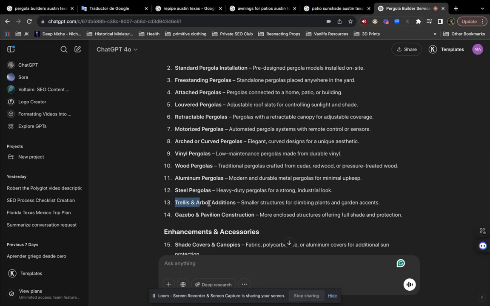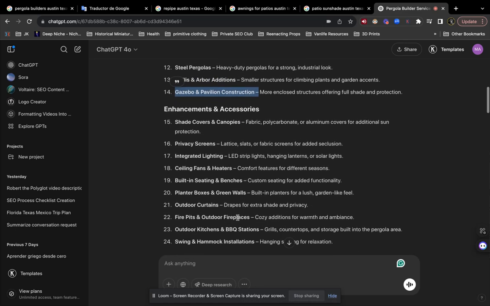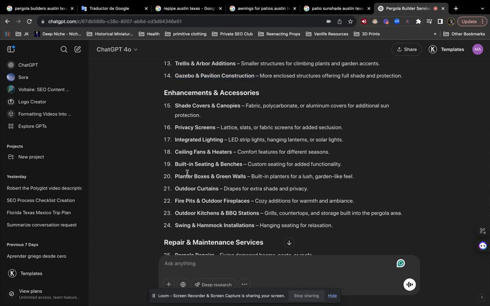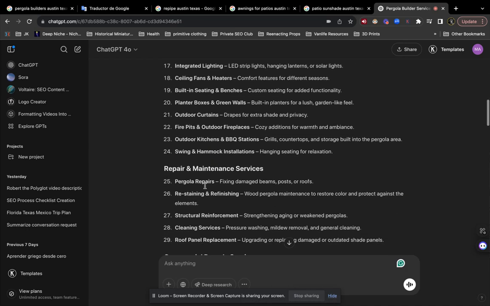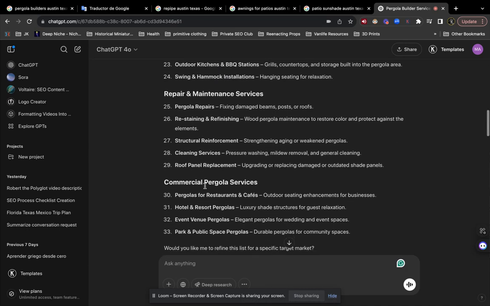But trellis and arbor, gazebo, pavilion, yes, yes. You come down here, fire pits and outdoor fireplaces, okay. Outdoor kitchens, yes. So basically, you go through this and you grab 10.